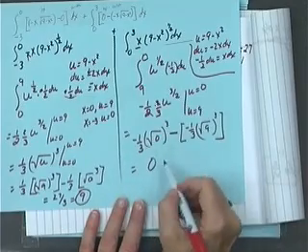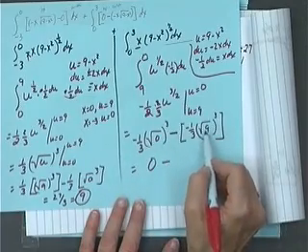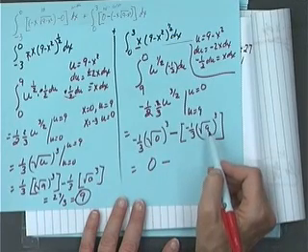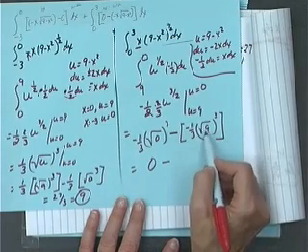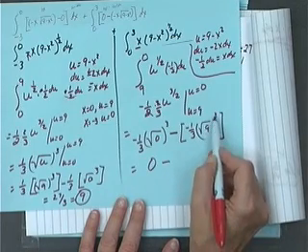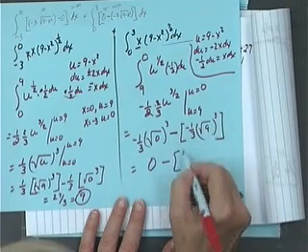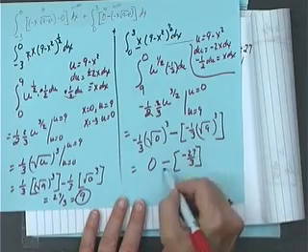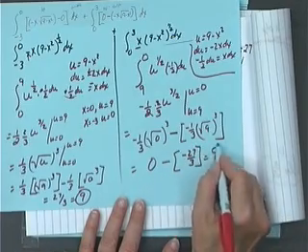So the first part is 0. Now you have minus. The square root of 9 is 3. 3 cubed is 27. So we have minus 27 over 3, minus a negative is going to be a positive 9.